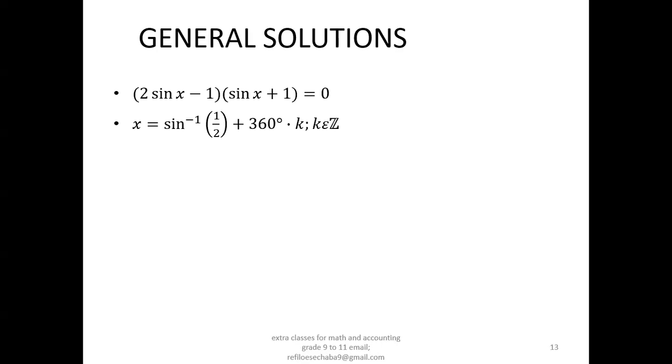You then add 360 degrees times k, where k is an element of integers. But remember, when you use the sine ratio, it has two parts of the formula. For the second part, you take the inverse sine of 1 over 2 and subtract it from 180 degrees. Now, what is the inverse sine of 1 over 2?